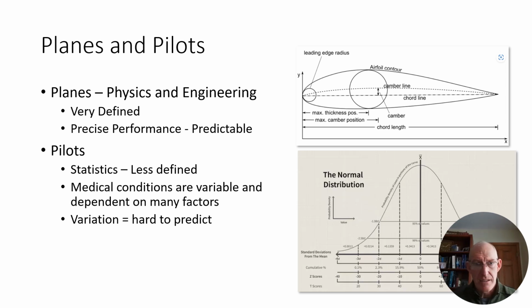Now, pilots, on the other hand, come in all shapes and sizes, and their function is dictated by genetics, biology, and the environment around them. And because of this, they're less defined, less predictable when considering the effects of a medical condition on any single pilot's status and functioning with regard to the flight environment. We have to rely on statistics to determine acceptable ranges for medical conditions.